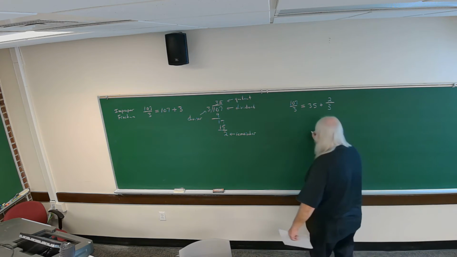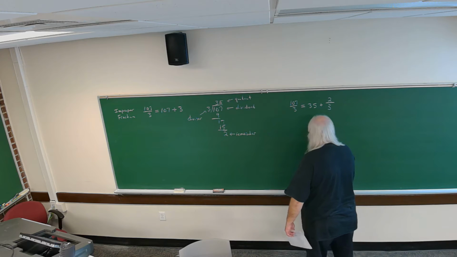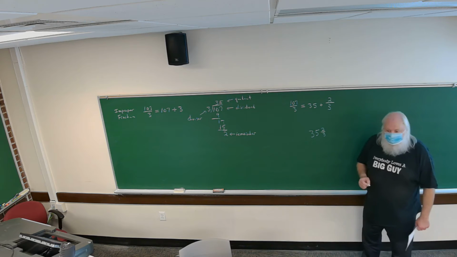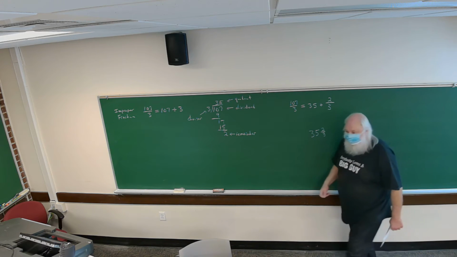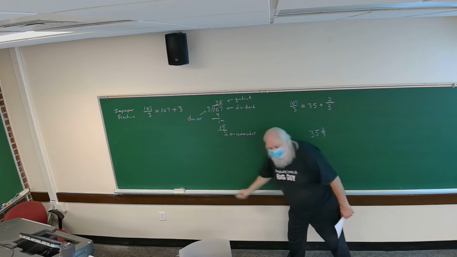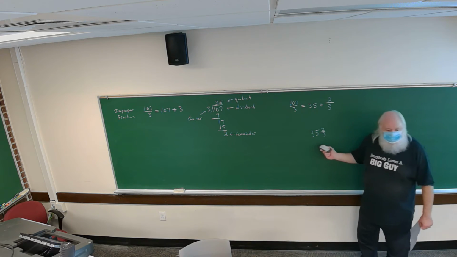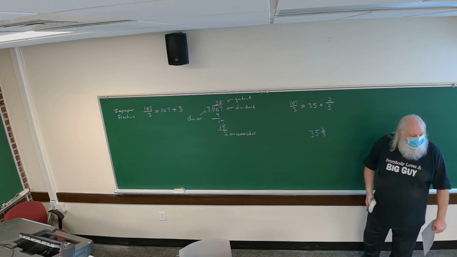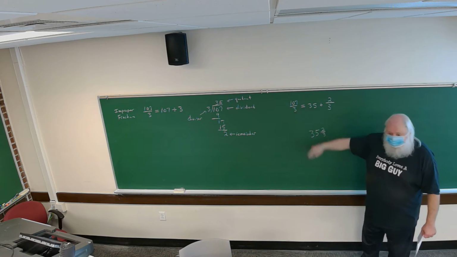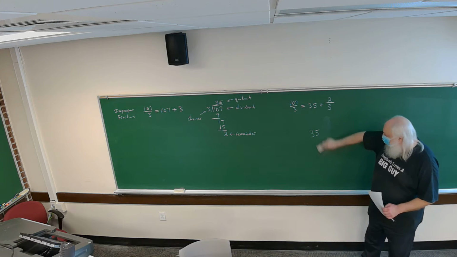You all worked a lot with mixed numbers in high school. But when we get to college, we prefer improper fractions to mixed numbers because it's hard to multiply, divide, and subtract mixed numbers. You can multiply and divide fractions much easier than mixed numbers.